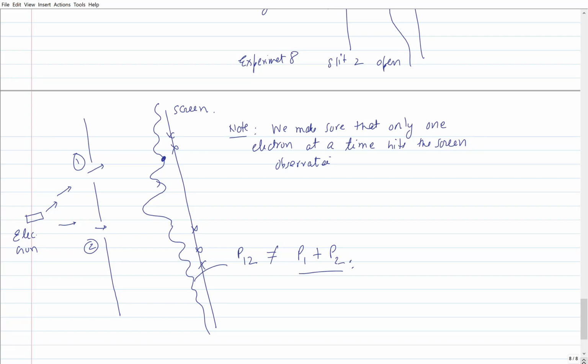Miraculously, or very fascinatingly, something which is at the heart of quantum mechanics, the electrons, like bullets, were observed in lumps, or what we call a particle. But yet, when I open both the slits, I see an interference pattern. And not only that, the most essential part of this experiment is that every electron interferes with itself.